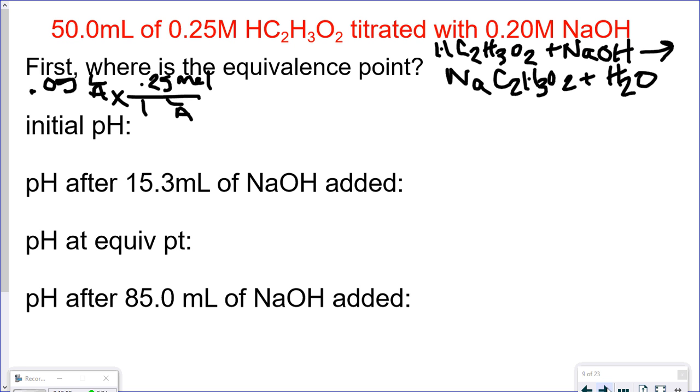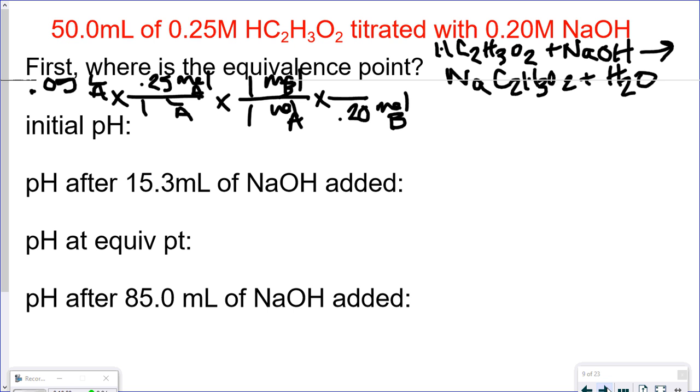Use our mole ratio. So there was 1 mole of acid and 1 mole of base. And because we have molarity and we're looking for volume, we can add one more step, because the molarity of our base is 0.20 moles of base per liter of base.